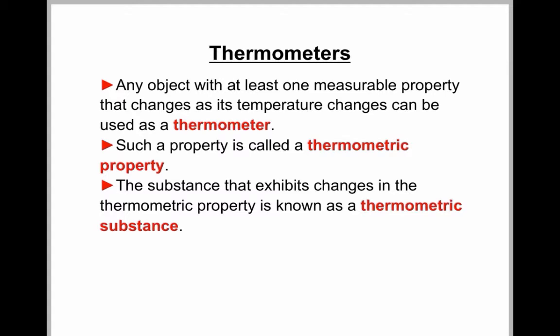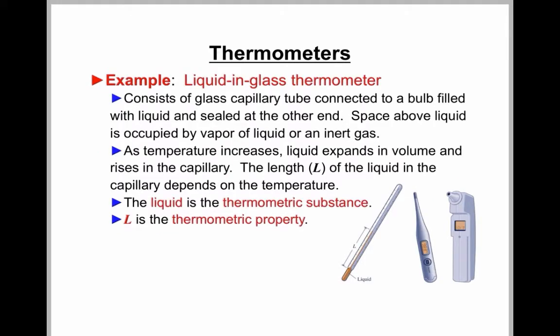We have a thermodynamic property as well as a thermodynamic substance. You could think about a standard thermometer where you have the fluid, which will be the substance. It changes with temperature. It expands with temperature usually. And the thermodynamic property might be the length. So here, consider a glass thermometer.